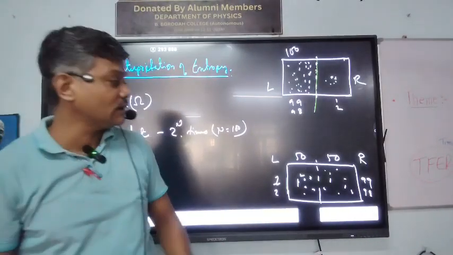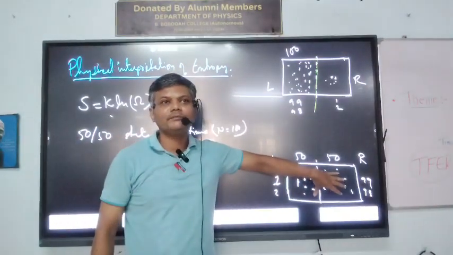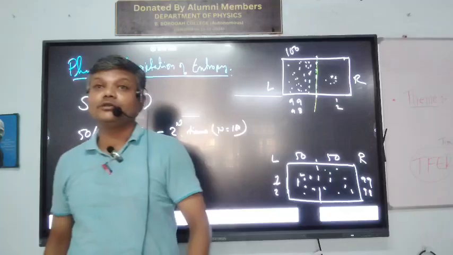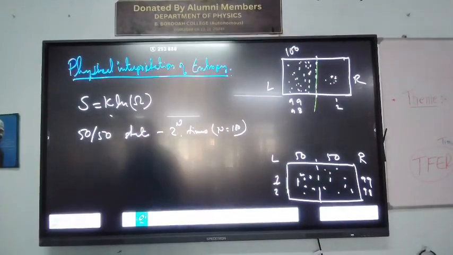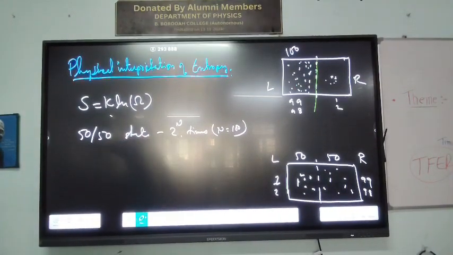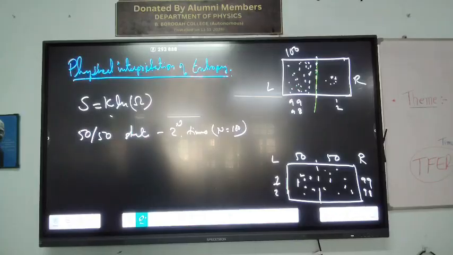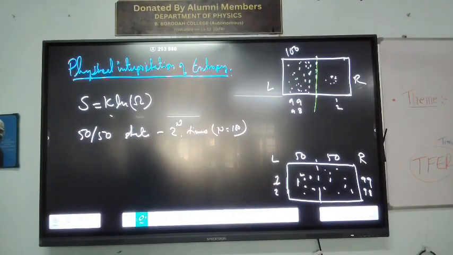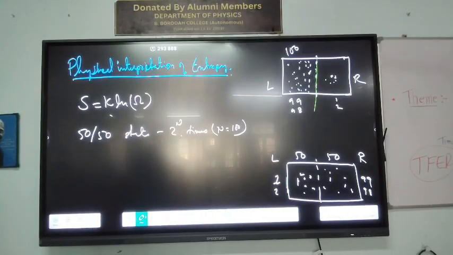That means that situation is nothing but 50-50. So the 50-50 situation is most probable. And 99 on one side and 1 on the other, or all molecules in the left side, or all molecules in the right side, what will the probability be? Absolutely 0. Never, the probability is absolutely minimum.